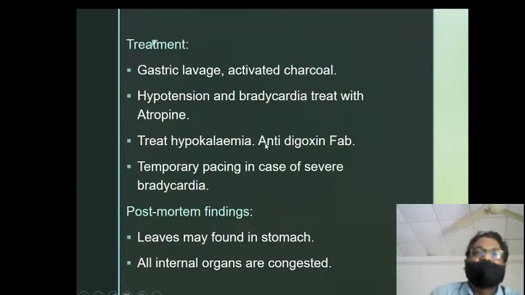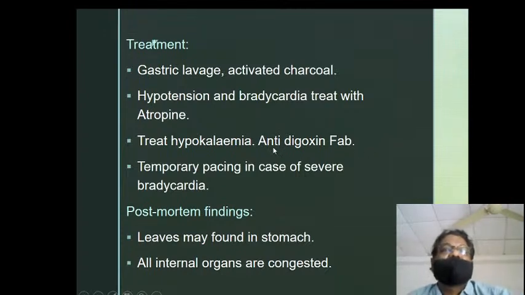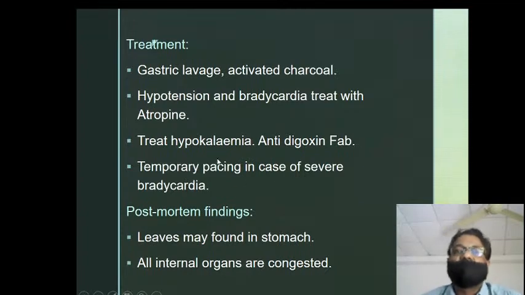Like digitalis poisoning, here also we can give anti-digoxin Fab, DigiFab or DigiBind. If an individual develops severe bradycardia, we can give temporary pacing. These are all other supportive measures we are supposed to give.